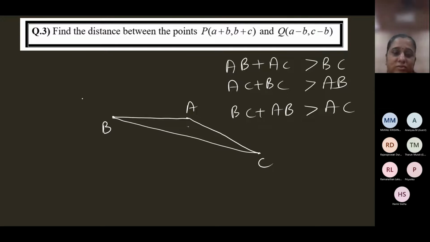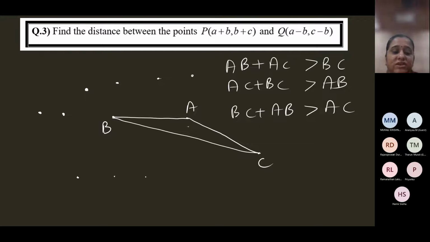Now, there are only two possibilities when we have 3 points in a plane. Now, don't say I'm going to mark all the 3 points one over the other. We're talking about 3 distinct points, not points that lie one over the other.